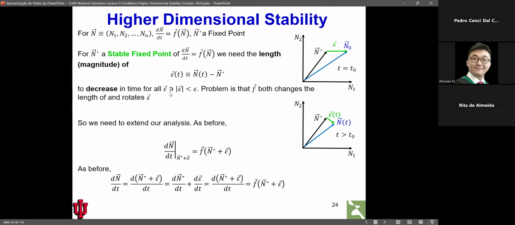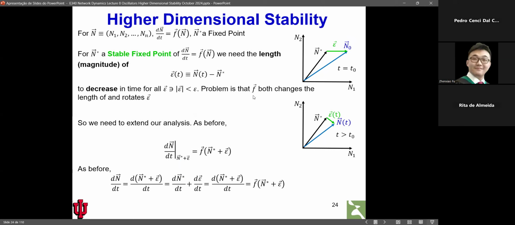It's not that you cannot have a trajectory that starts at a point, sometimes decreases and then increases again. Then you just take a neighborhood that is smaller than that. The important point is that if you are close enough to the fixed point, the modulus of epsilon is always going to decrease.